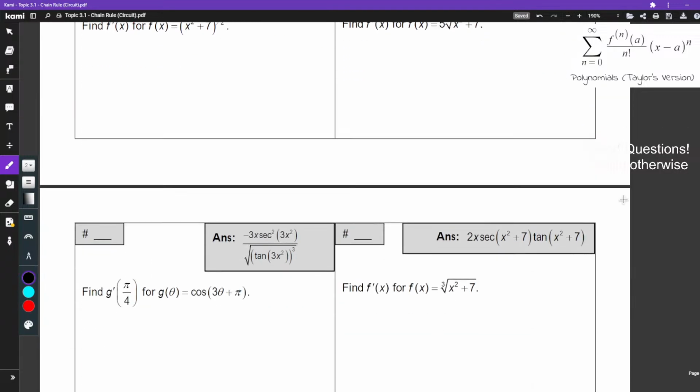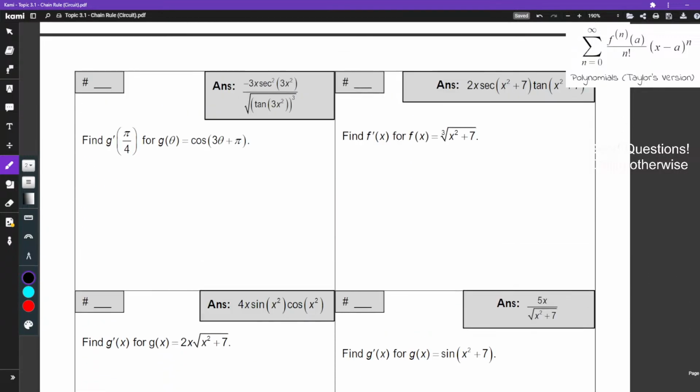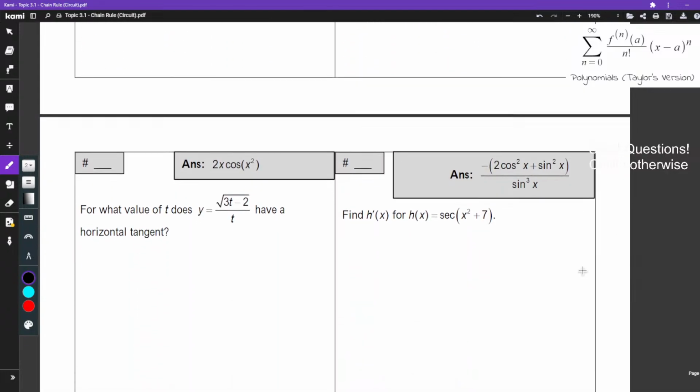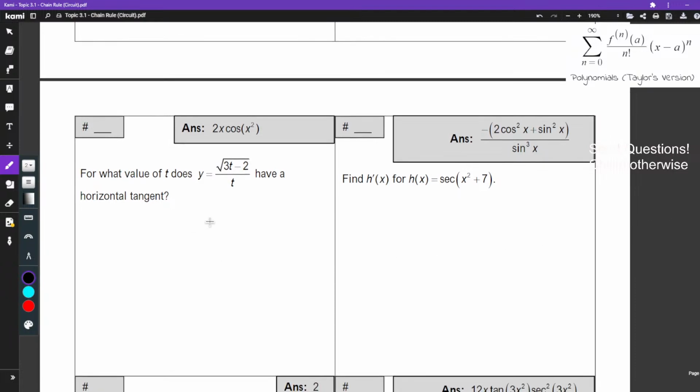That brings us to this. So here's 17. Had to find the derivative of this. But there's an issue here, is this right here on the top.